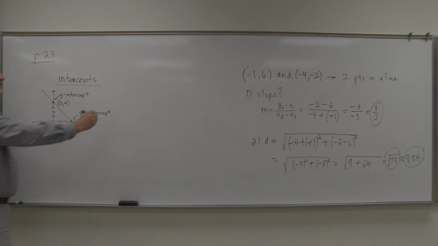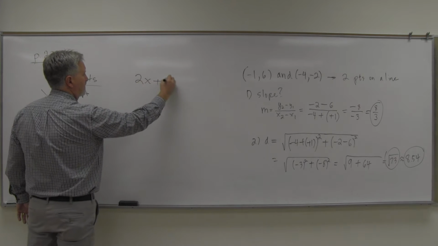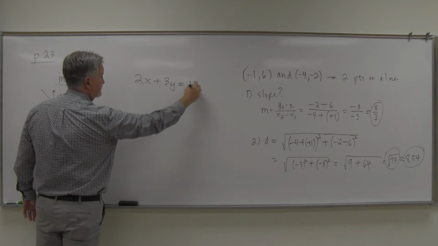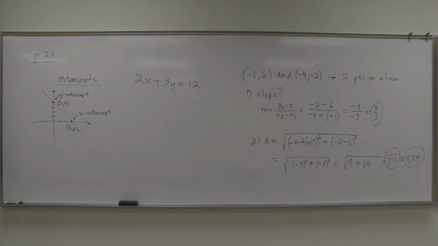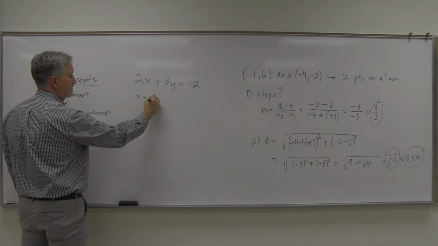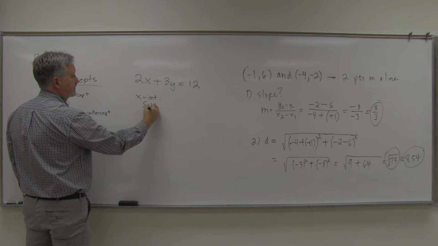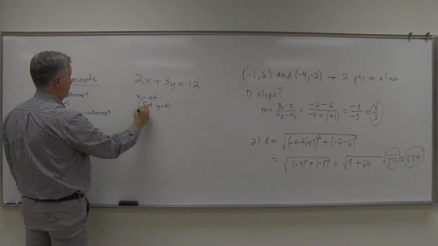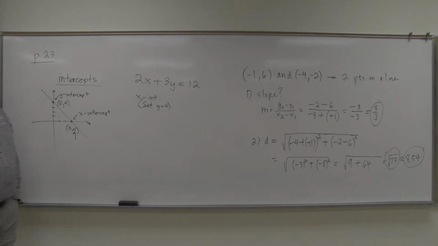For example, here, I think I mentioned 2x plus 3y equals 12. If it just asked me, okay, what's the x-intercept? Well, you set the y to be 0, because that on an x-intercept always is going to be the case. If it asked for the x-intercept, we would set the y equal to 0.